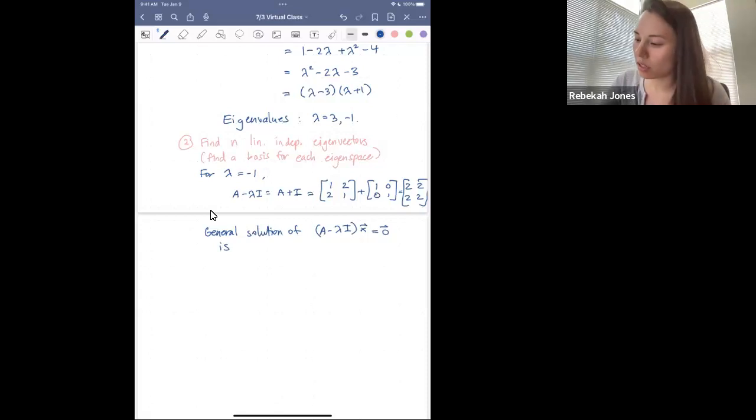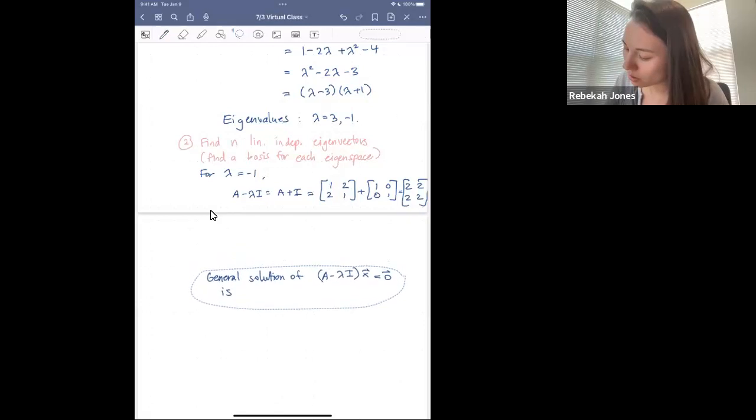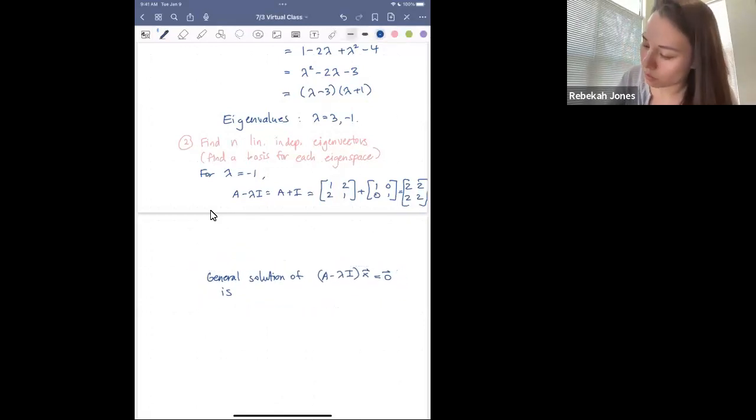Perhaps I should reduce this quickly. Starting with our matrix 2, 2, 2, 2, we can cancel the bottom row because it's a multiple of the top row. Just drop that, and we can also scale our row to be 1, 1, 0, 0.